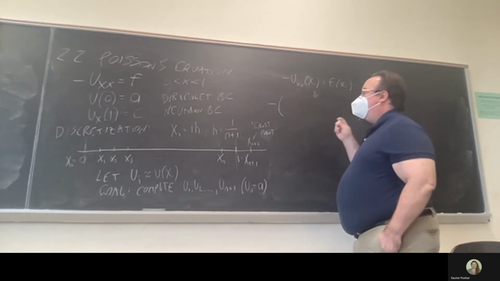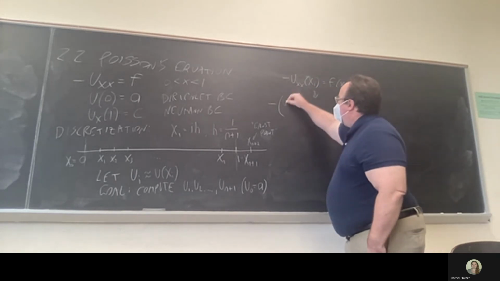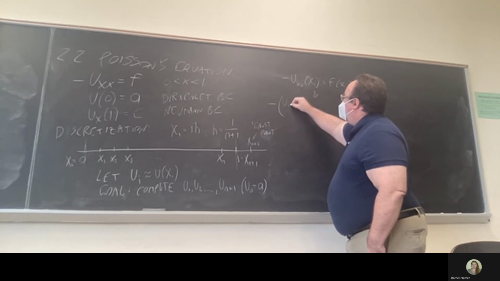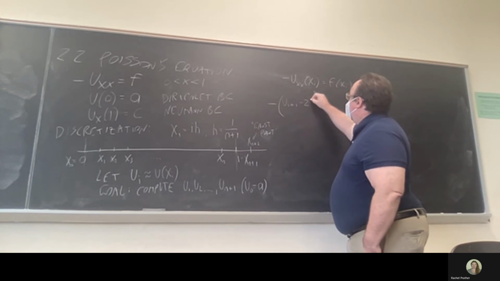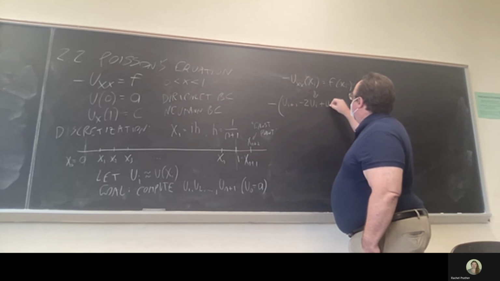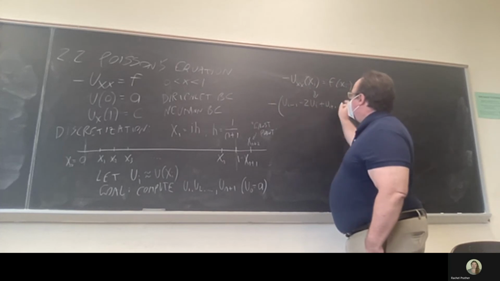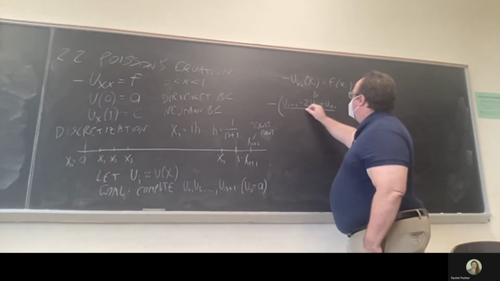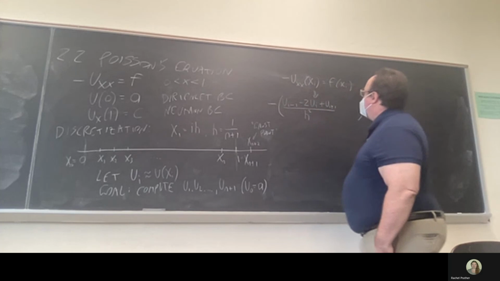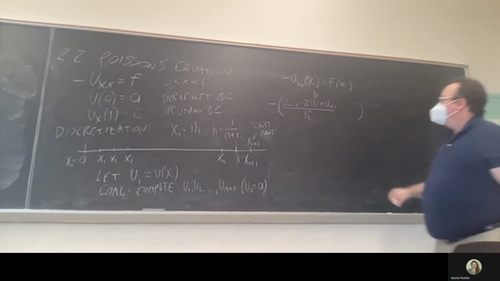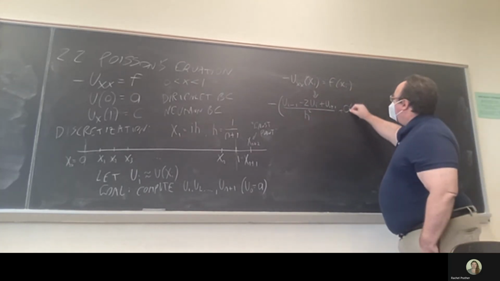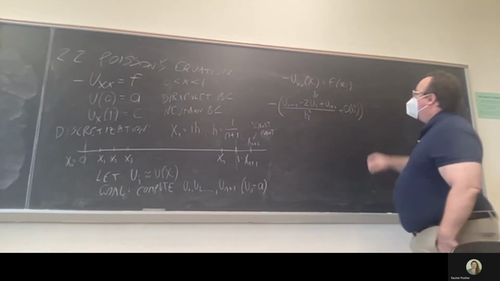Well, u_xx is known to be equal to (u_{i+1} minus 2u_i plus u_{i-1}) over the spacing h squared, plus error that's order h squared.